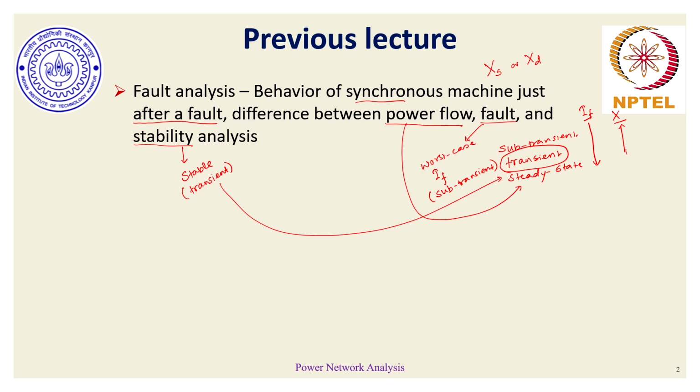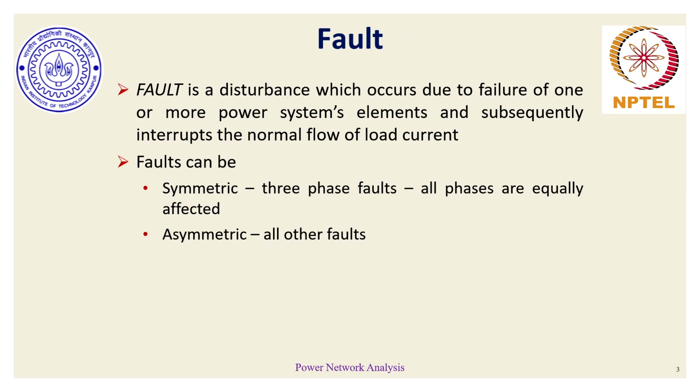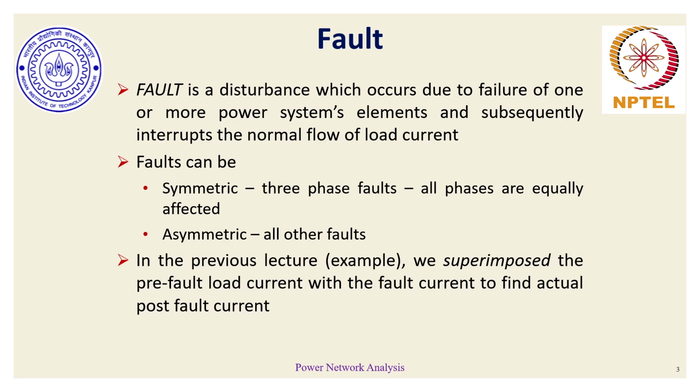So having said that, let us see what is Thevenin's theorem and how does it apply. Fault, we have already seen, is any failure or abrupt interruption in the flow of load current. Those faults essentially appear because of intentional or unintentional operations.